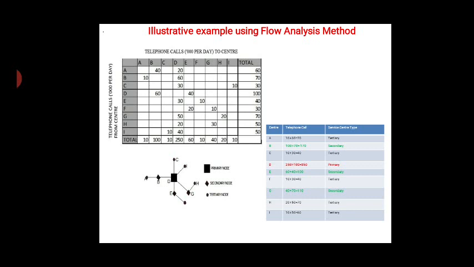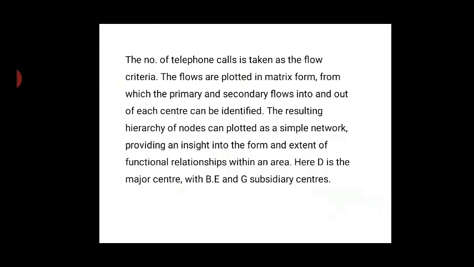The total number of telephone calls is 350, and for B, E, G, on the basis of the matrix, the number of telephone calls is more than 100, so they are the secondary or subsidiary nodes. The rest of the centers are tertiary nodes, which received less than 100 telephone calls. This is the explanation of the above diagram.